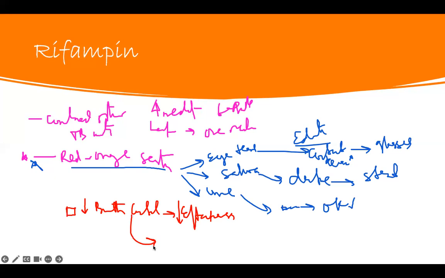You're taking birth control because you don't want to get pregnant, but if you take Rifampin, it will make it ineffective. So they should add another method. Usually, they should add a condom. Condom is the best one. You can't add another birth control pill because it would be ineffective again. So use another form of contraception, which is a condom. I think that will be best.